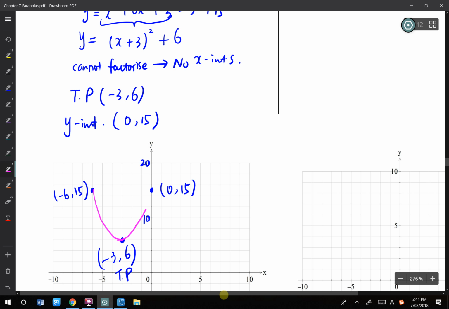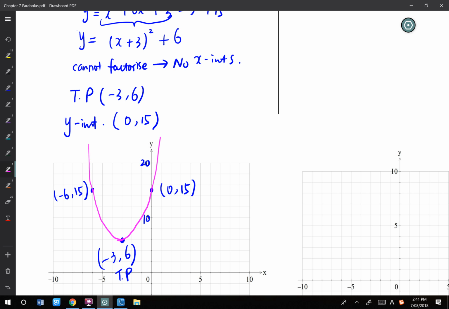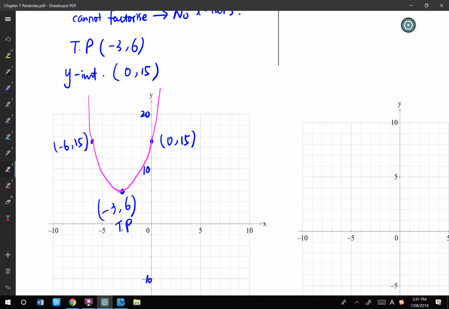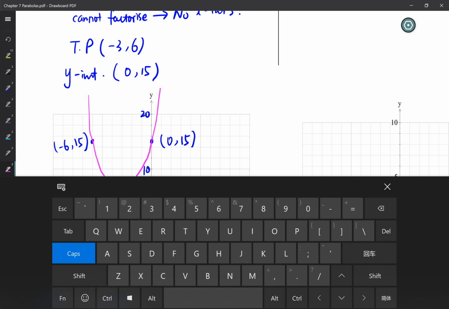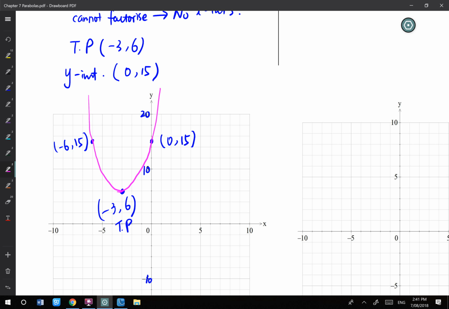Therefore, the shape of the graph is just like this. Cross 3 points, enough. Okay, turning point, y-intercept, I don't have an x-intercept, that's fine. The negative 6, 15 just helps you to sketch the graph more accurately, but if you don't want it, that's fine.